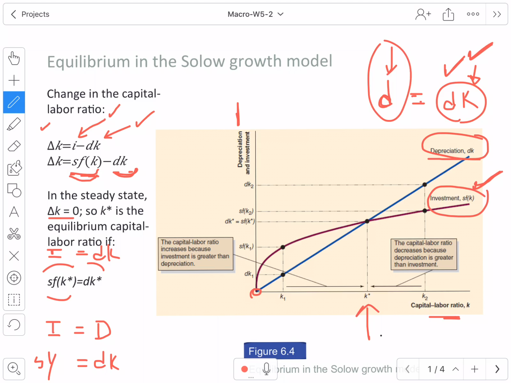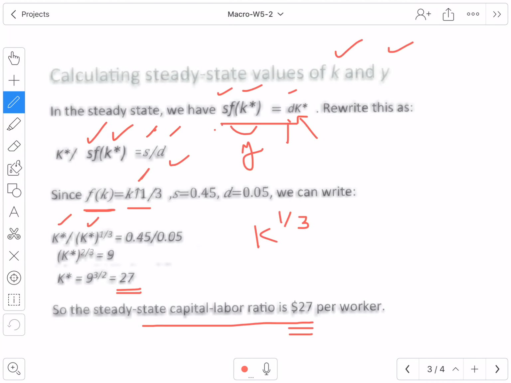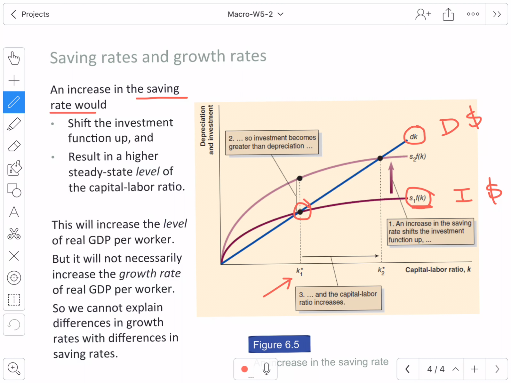If I change the saving ratio, it would affect this line, s f of k, the dark line. The change in savings would affect this dark red line and would result in a shift upwards.